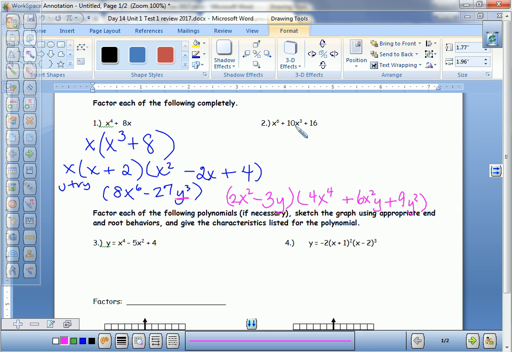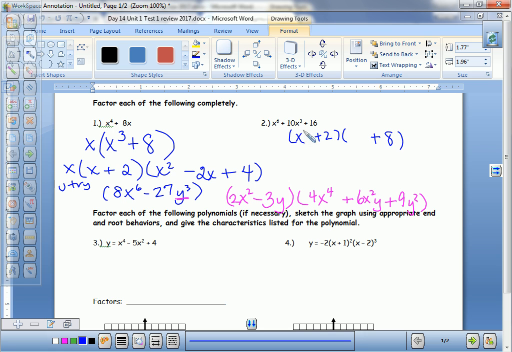All right. Now, this one's interesting. We haven't done one just like it, so I would kind of be surprised if you got this one without any help yesterday. So what we can multiply to get 16 that we can add to get 10 is 2 and 8, right? 2 times 8 is 16, 2 plus 8 is 10.